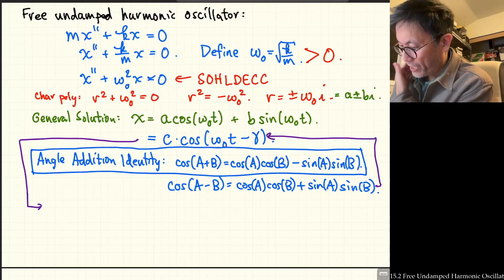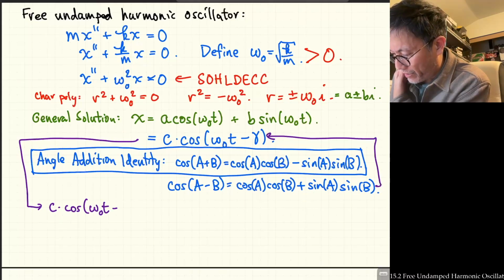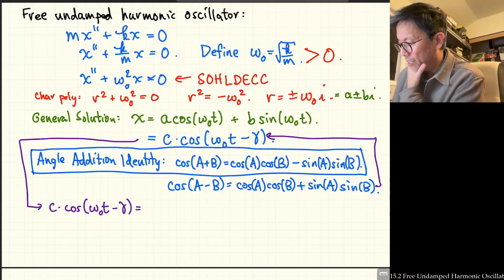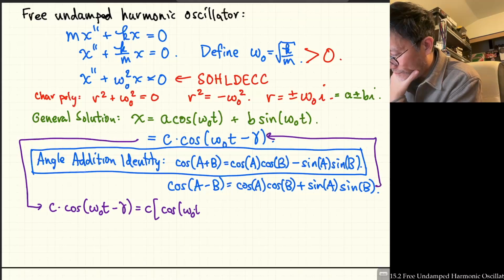So what I can do is rewrite C cosine omega naught T minus gamma as C times cosine of omega naught T times cosine of gamma.